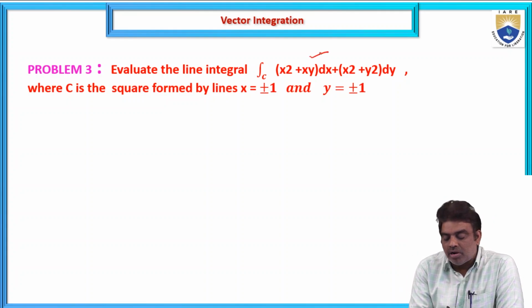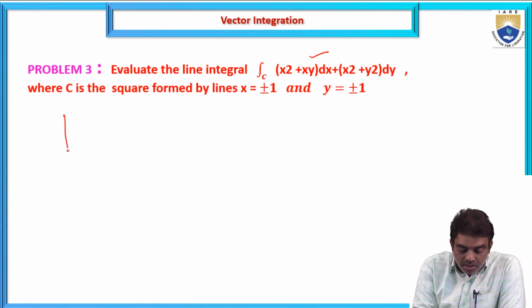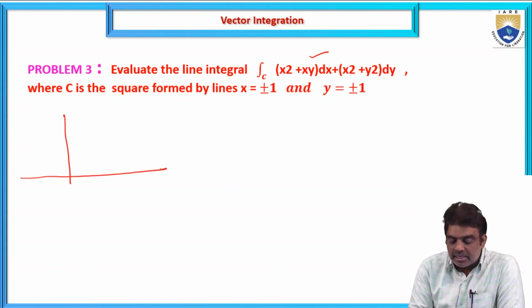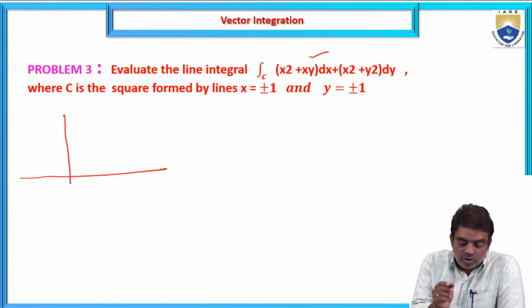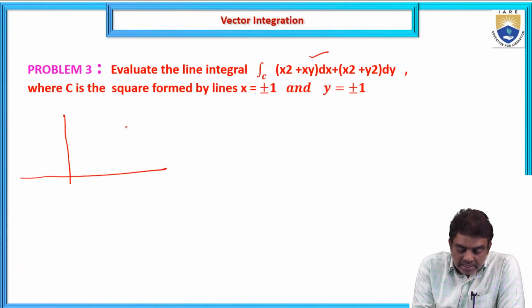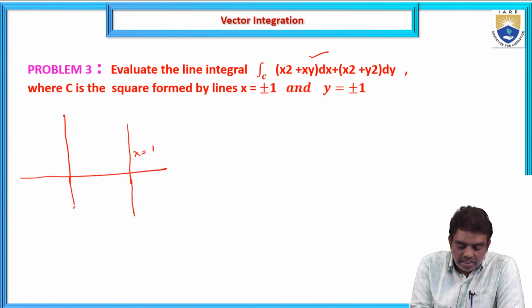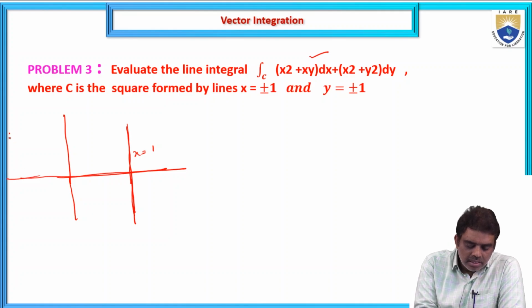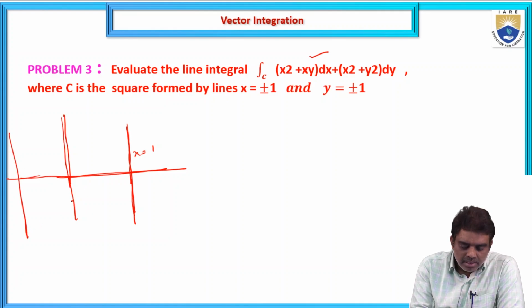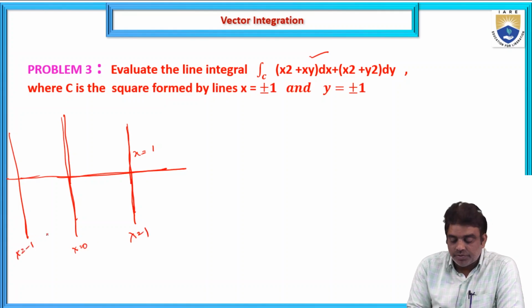Already it is given f bar dot dr bar, and here you have to identify the region, the lines x is equal to plus 1. This is x is equal to plus 1 line, x is equal to 1 and x is equal to minus 1. This is the y-axis, this is x is equal to 1, this is x is equal to minus 1.